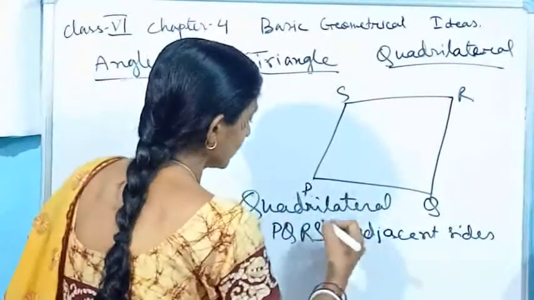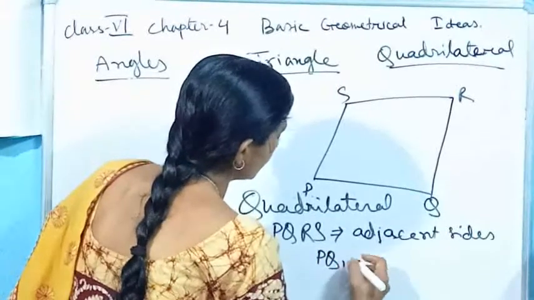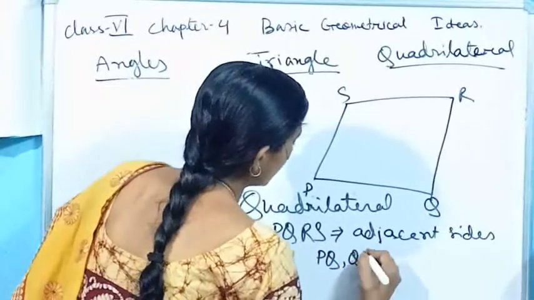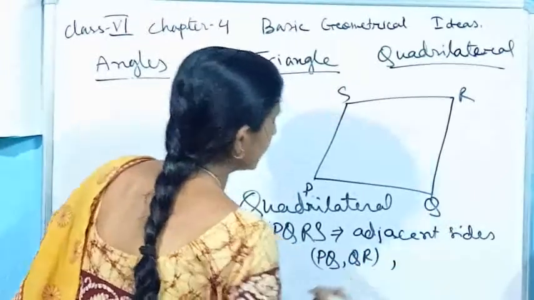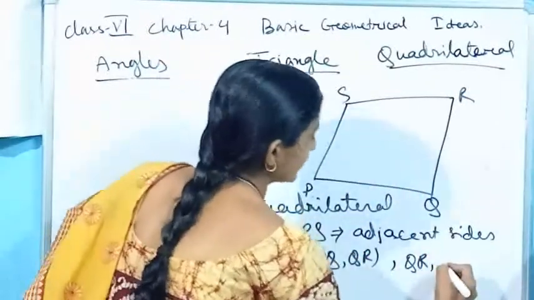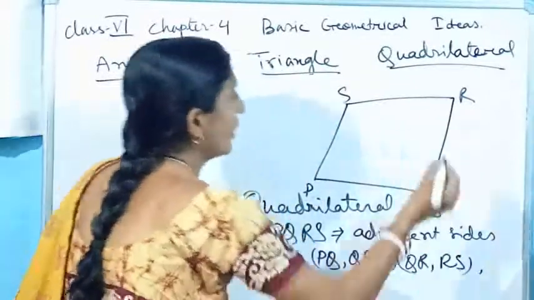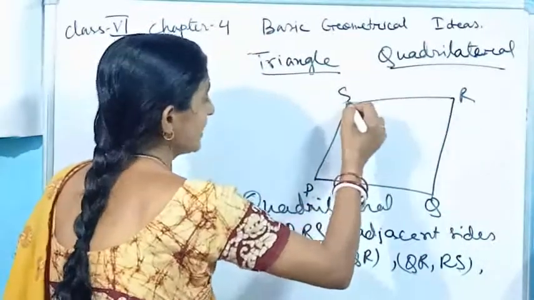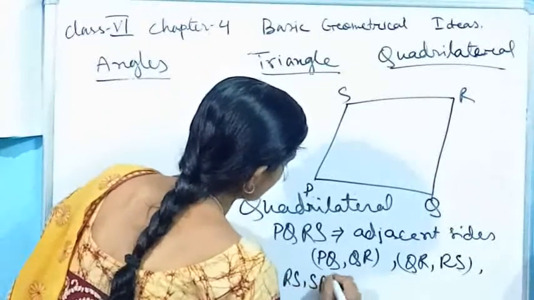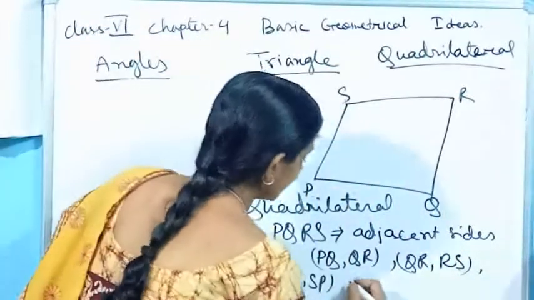Adjacent sides we write in a sequence. First, taking PQ, with it I can write PQ, QR. This is one group. Another group I can write is QR and RS. Then one more group is RS and SP. And the fourth pair is SP and PQ.